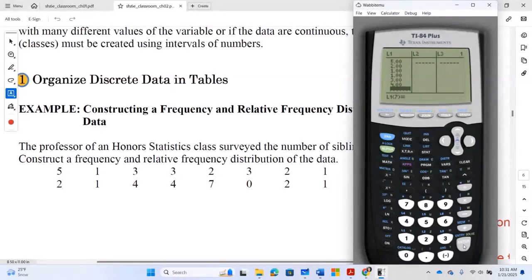I mean column 3, column 4, 3, 4, column 5, 2, 7, column 6, 3, 0, column 8, 2, 2, column 9, 1, 1.